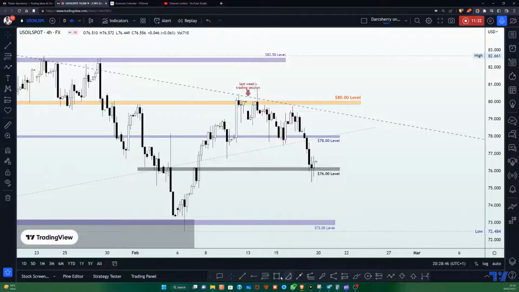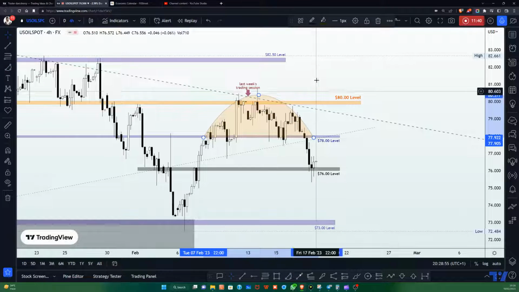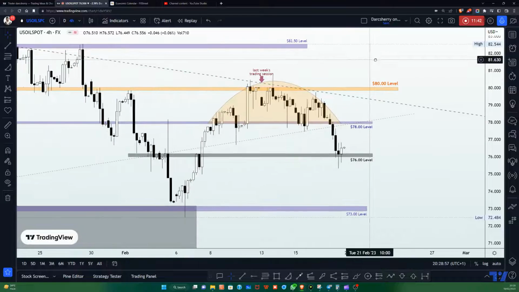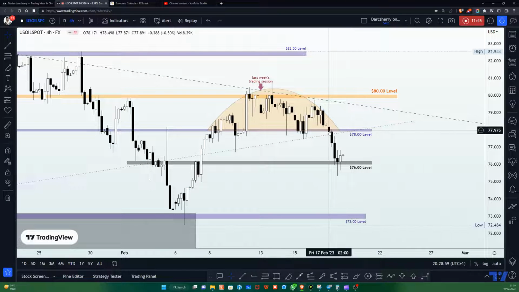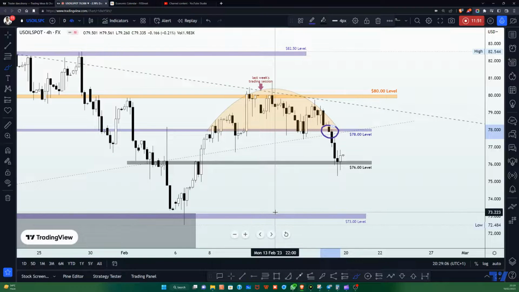You can see that we have something here, a structure here that looks more like a reversal pattern where the $78 level is serving as the neckline of that structure. And if you take a closer look at what happened during the later part of last week's trading session, we saw the breakdown of that neckline area at the $78 level to give us a signal of a possible bearish move.